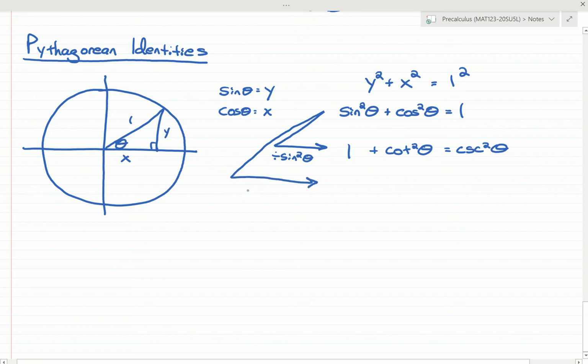And our third property is if we divide each of these terms by cosine squared. Sine squared divided by cosine squared, we're going to be learning that is just tangent squared of theta. Cosine squared divided by itself is 1. 1 divided by cosine squared of theta is secant squared of theta.